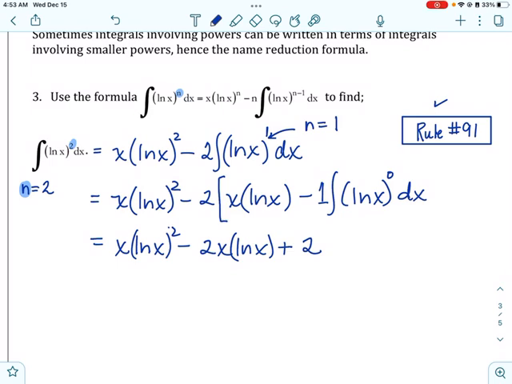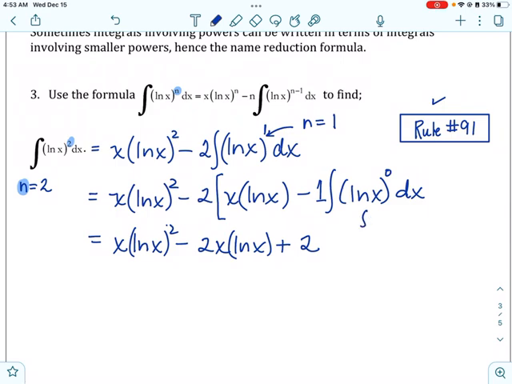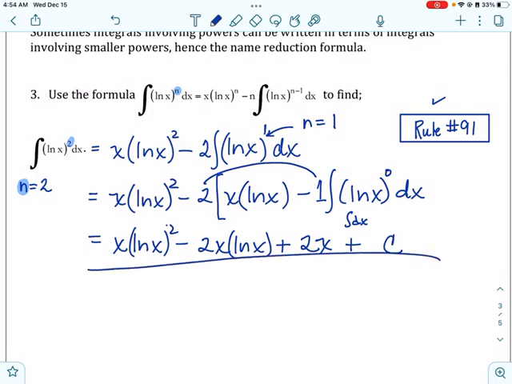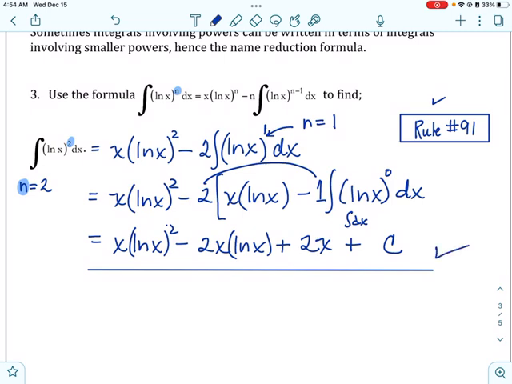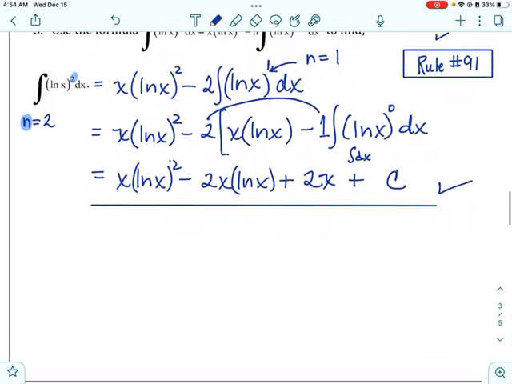That's just going to be x, so with the 2, negative 2 distributing there, you have 2x, and then you have the arbitrary constant c. Okay, and there you have it. So that's your answer for number 3 using Rule 91.